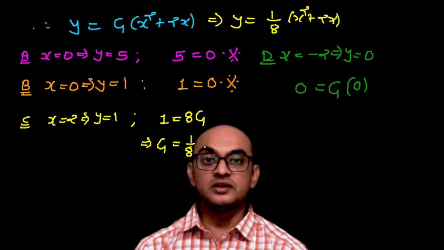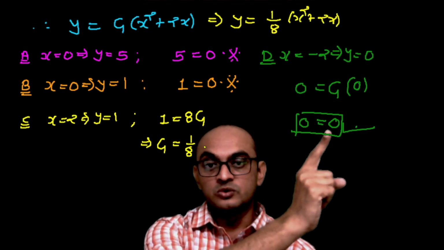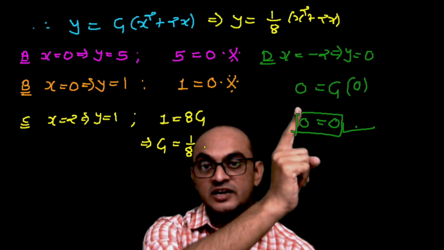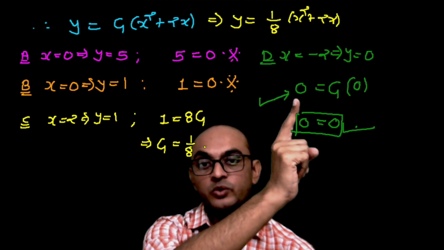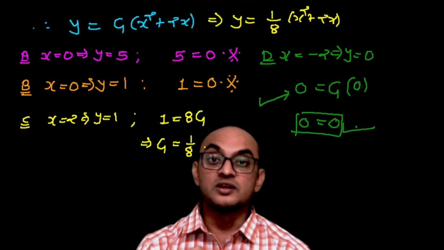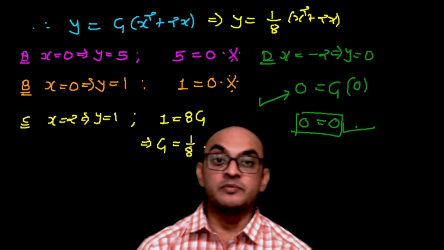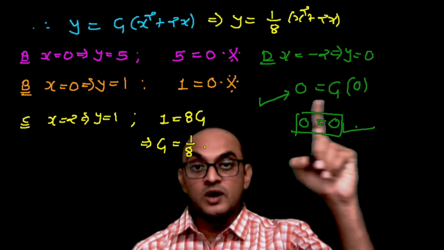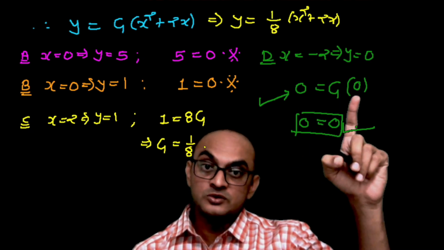So what does it mean? 0 is equal to 0, which is always true. But I am not interested in this. 0 equal to 0 is true, that we know. I am interested in this equation. What information do we have from this equation? 0 is equal to C1 into 0. What is my C1? C1 is any appropriate constant. That means if C1 equal to 1, then also this is true. When C1 equal to 2, then also this is true.